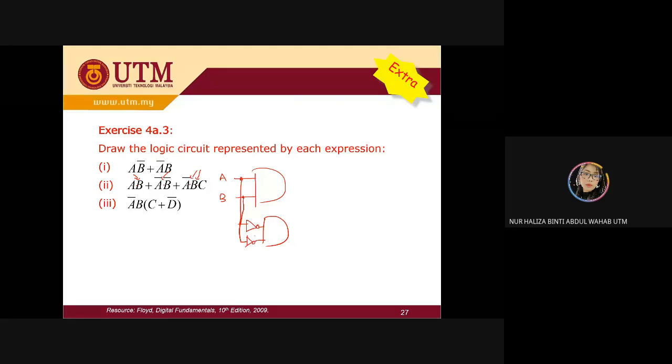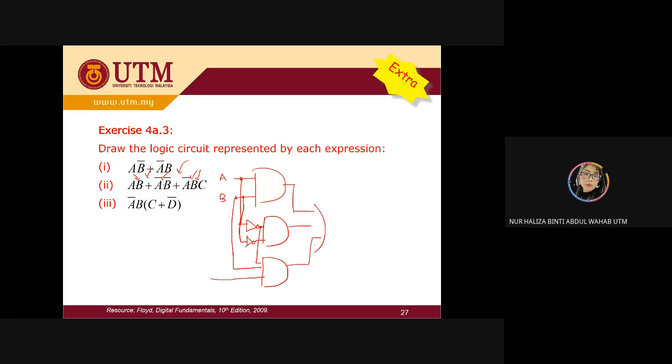The third one, which is A dot B dot C, A bar, and then dot B dot C. After you finish with multiplication, you're going to proceed with your addition. So you're going to add, you're going to add, you're going to add. So this is how you draw.